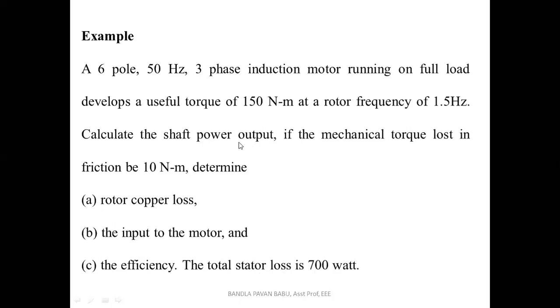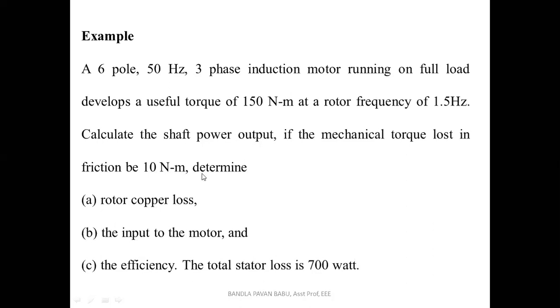So what is the data given here? So they have given a 6-pole machine, so P equal to 6 there. Fundamental frequency is 50 hertz. At full load, the torque developed is 150 Newton meters, and the rotor frequency, that is FR, is 1.5 hertz. And the torque lost in friction, that is the friction loss here, is 10 Newton meters.